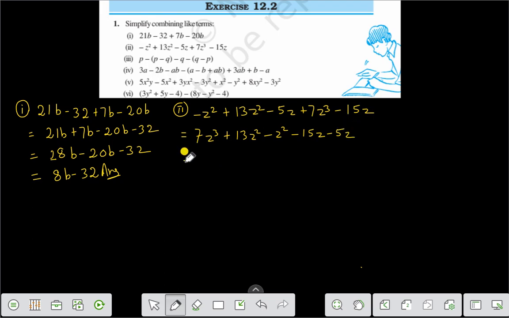So here you see it is 7z cube, 13 minus 1, that is plus 12z square, minus 15 plus 5 is 20, minus 20z. Answer is 7z cube plus 12z square minus 20z. This is the answer of question number 2.